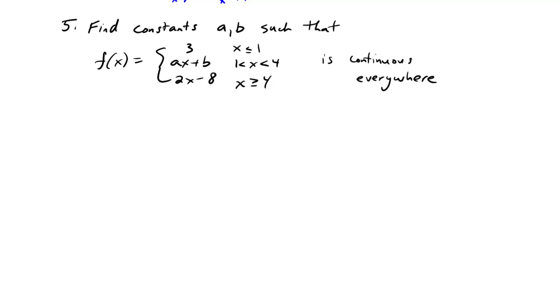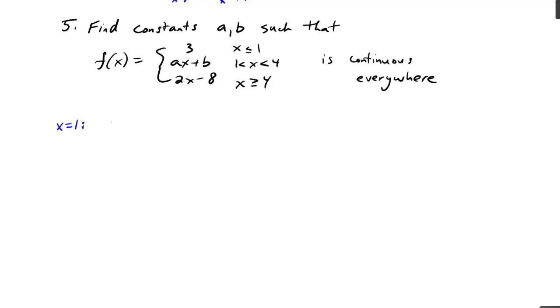The only places that I have a potential problem with continuity is at the connection points. So I have to look at 1 and 4, and I'm going to have to ensure that it is continuous there.